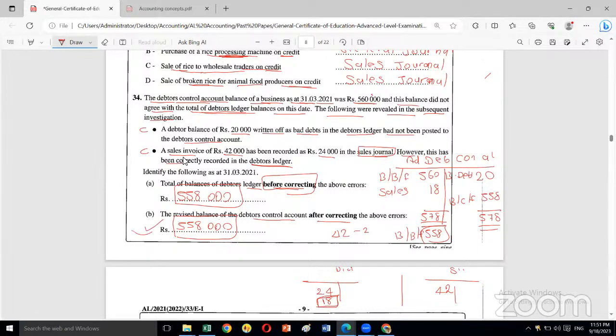If I correct the debtors control account, I get the adjusted debtors control account, and this is equal to the list balance. Both are the same answer because nothing is there to correct. So this is the correct balance before correcting the error also. Is it clear?